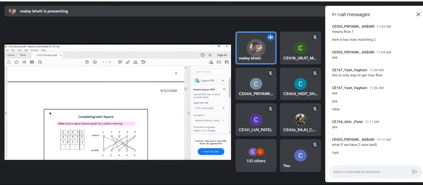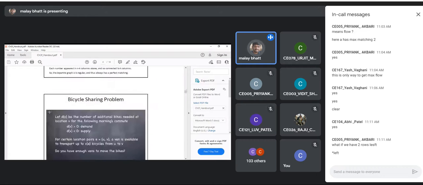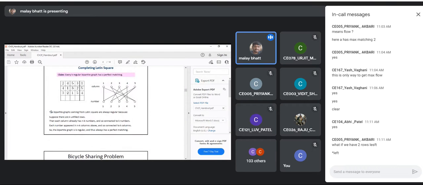So basically what we have done is apply the Ford-Fulkerson algorithm to convert a Latin square into a bipartite graph, and from the bipartite graph we can get the Ford-Fulkerson approach.